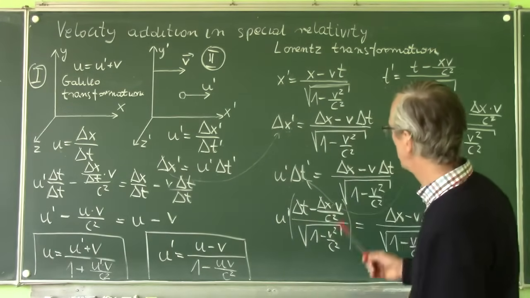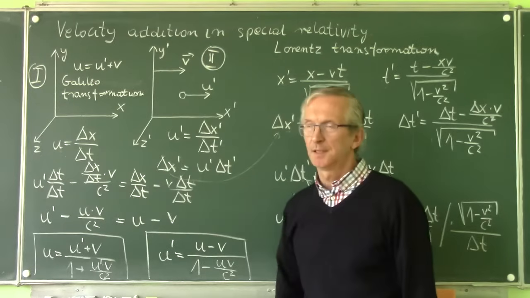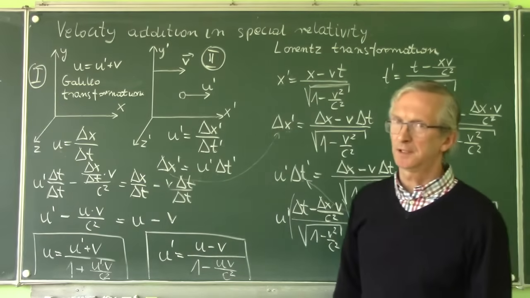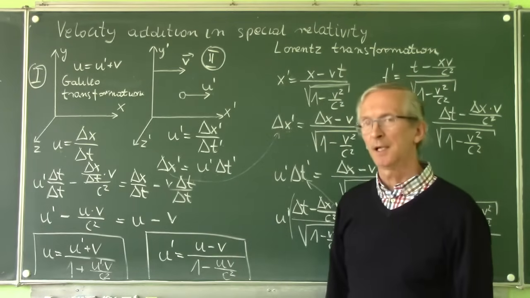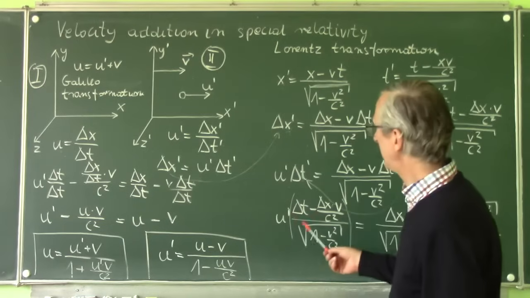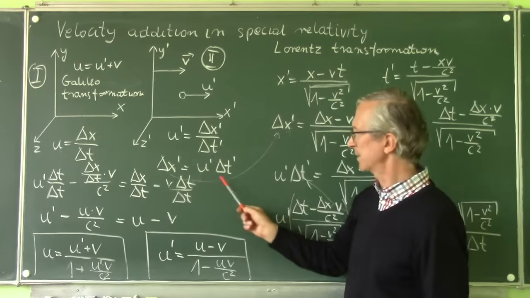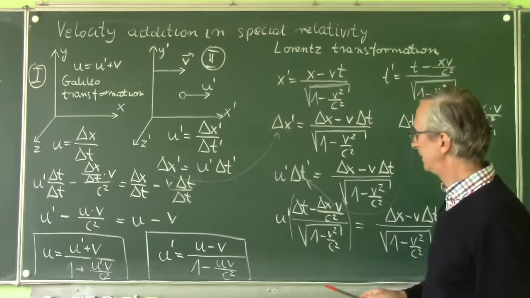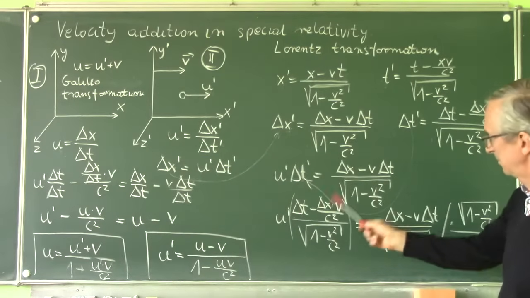Now we have four equations: 1, 2, 3, 4. The only thing we have to do now is just combine these four equations, and it can be done in various ways. I put here the right side of this equation. Then I put here the right side of this equation.